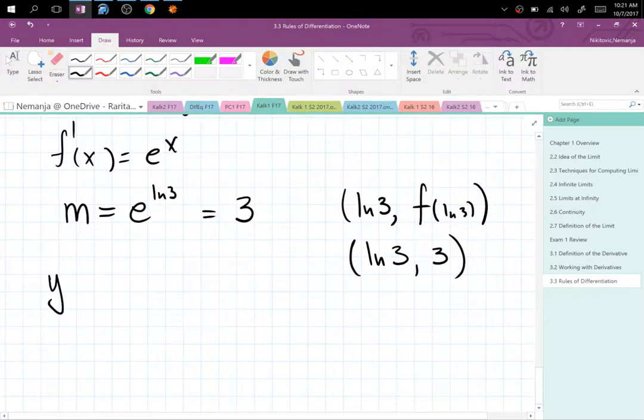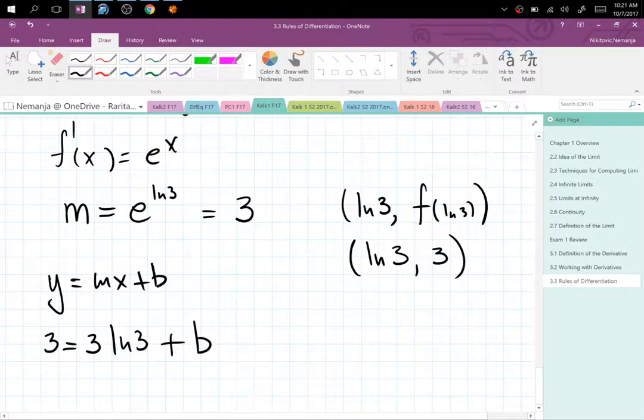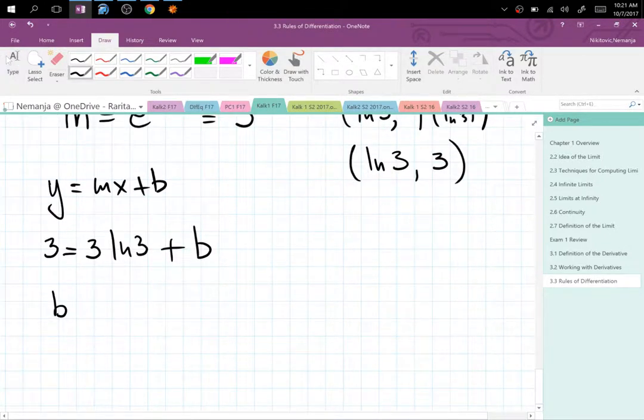y equals mx plus b. y is 3, m is 3, x is ln 3, plus b. b equals 3 minus 3 ln 3.